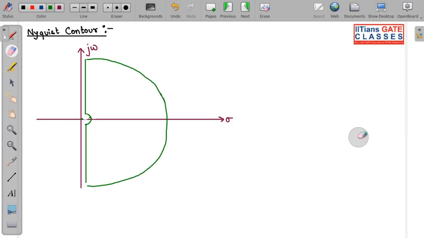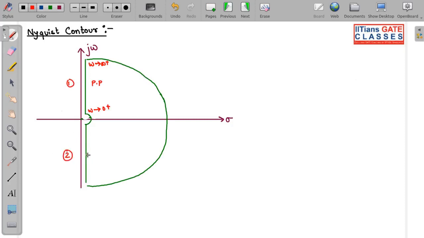This is from omega tending to 0 plus to over here omega tends to infinite plus. In this region we have our polar plot. So this is our region 1.